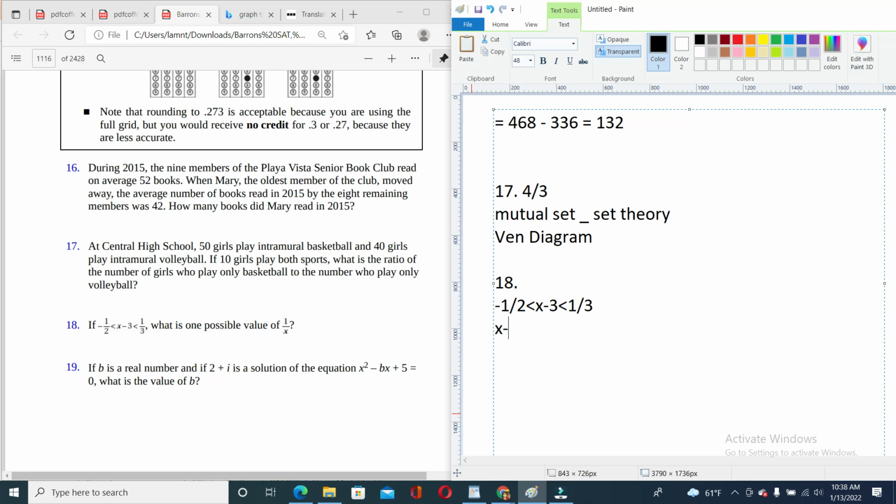A number that is between a negative number and a positive number can be 0. So x minus 3 can be 0, so x is actually 3. So 1 over x is 1 over 3. So the answer for 18 is 1 over 3.